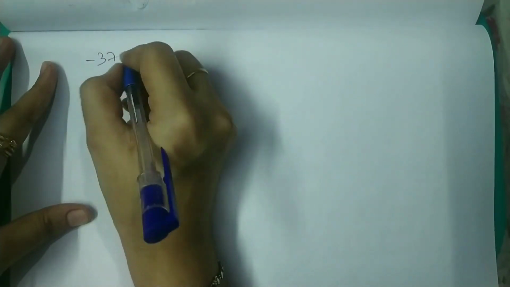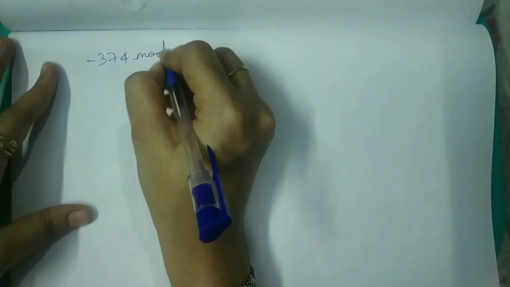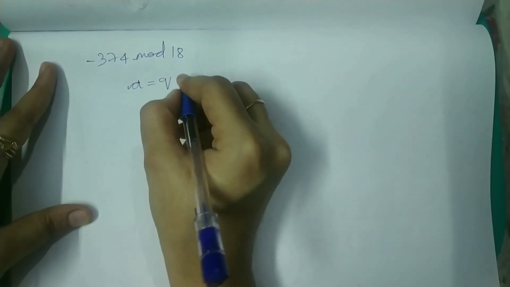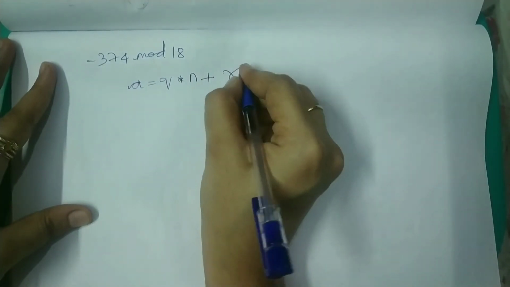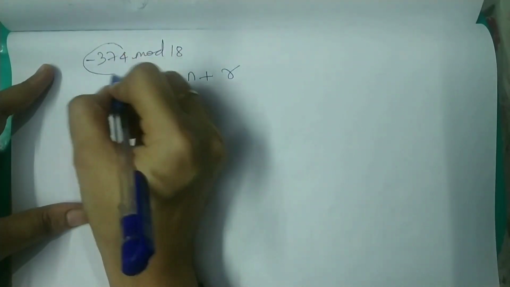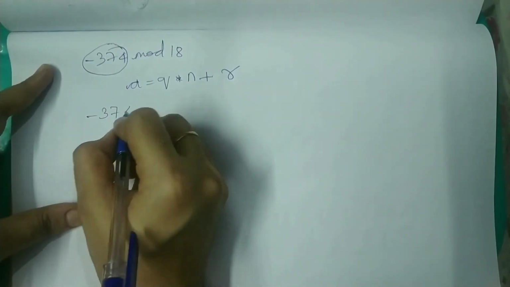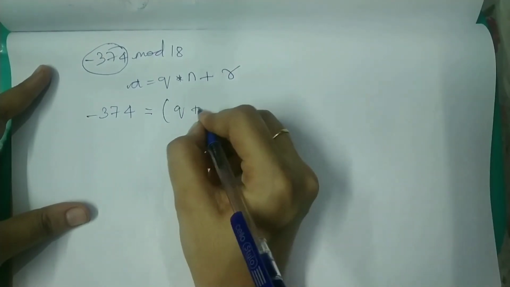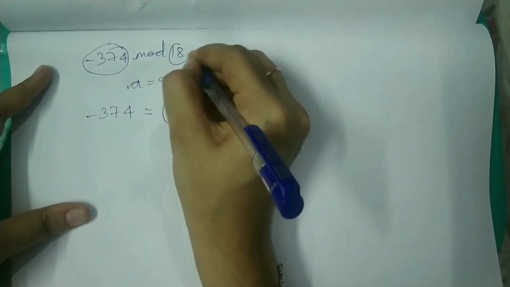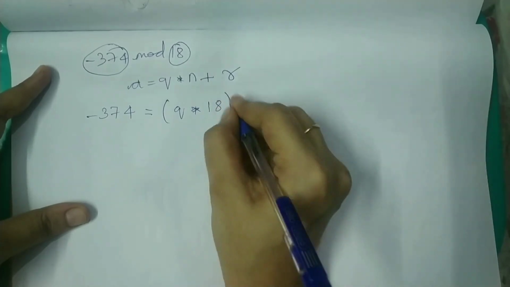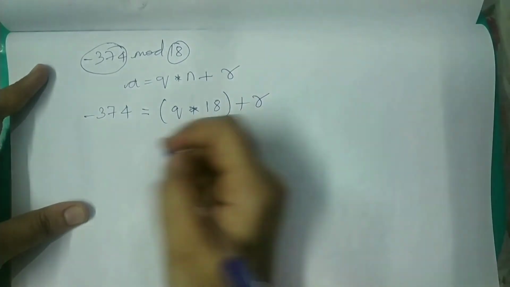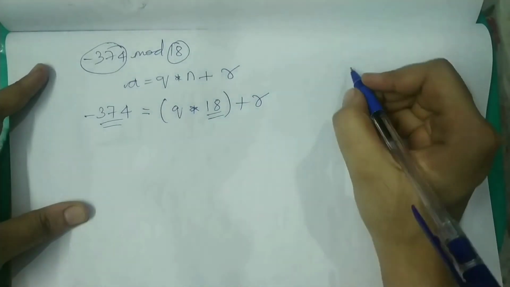Minus 374 mod 18. So the form is A is equal to Q into N plus R. Over here, this is the A value, which is minus 374, equal to Q into your N's value, 18, plus R. Now I should divide 374 by 18.